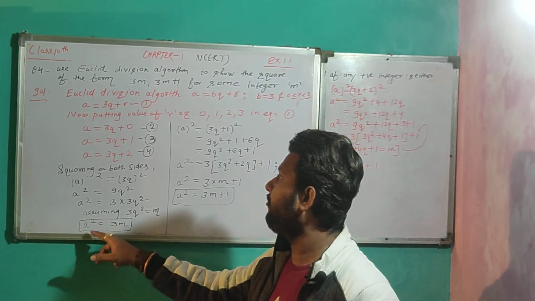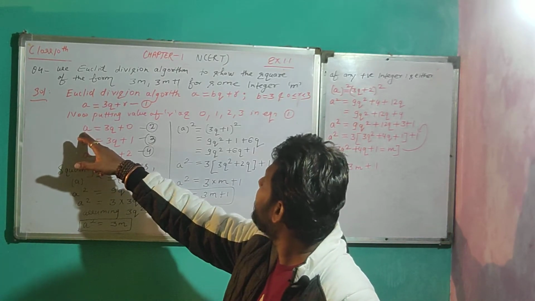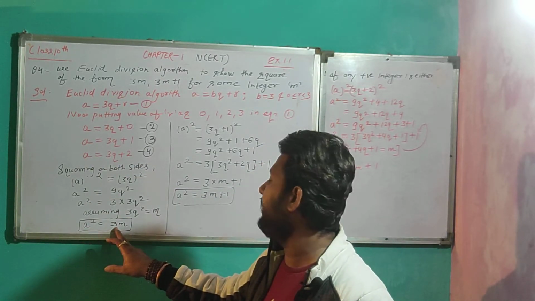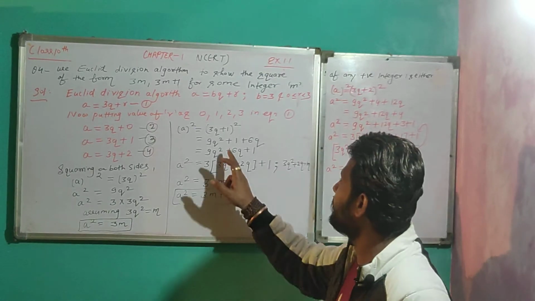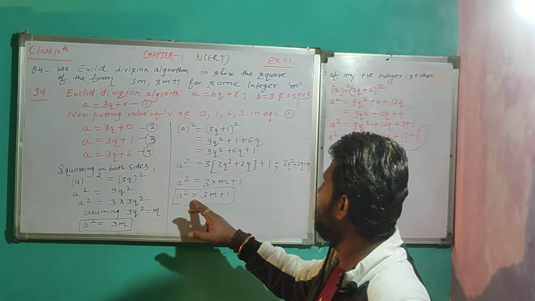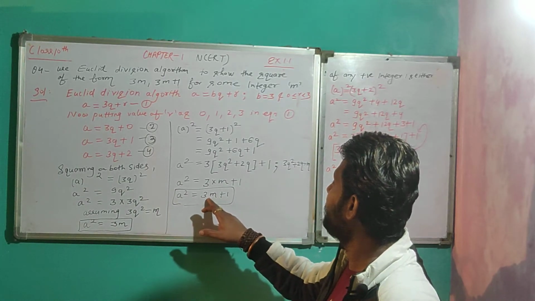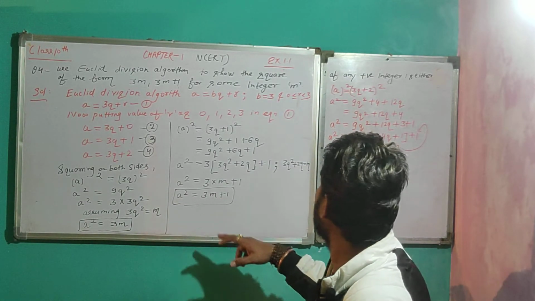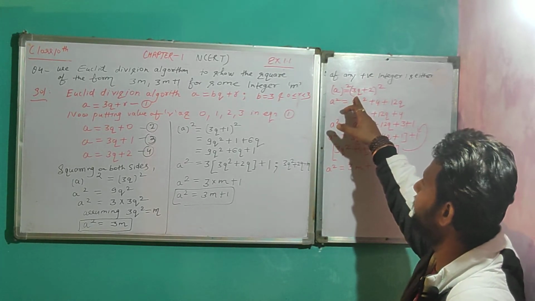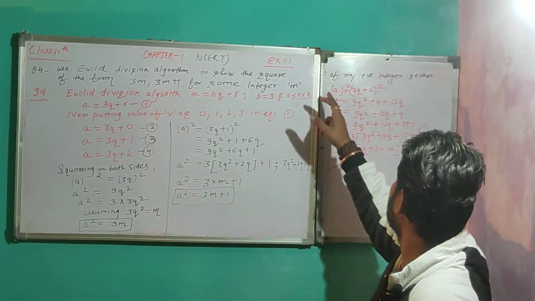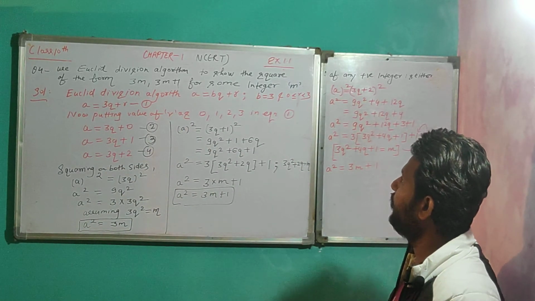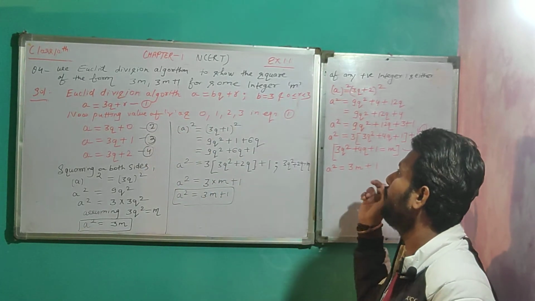Similarly, for 3q plus 1 we get the form 3m plus 1, and for 3q plus 2 we get 3m plus 1. So this is what we have to prove.